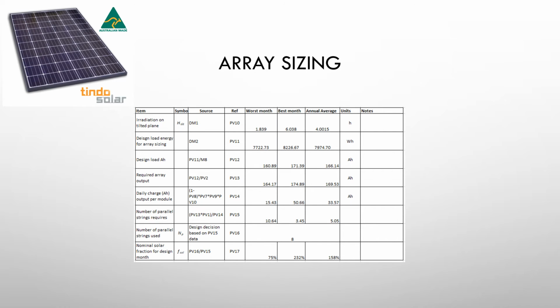The selected solar module is the Tindo Cara 290, which has a module power of 290 watts, short circuit current of 9.55 amps, and open circuit voltage of 39.5 volts. The module was sized based on the worst performing month, June. The Design Excel program indicated that for the chosen module in June, 8 parallel strings with 2 modules in series were required to meet the design load.